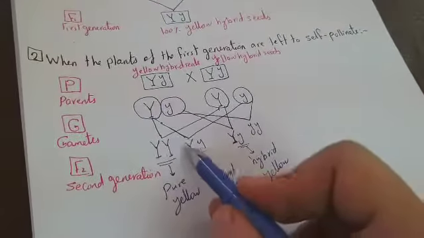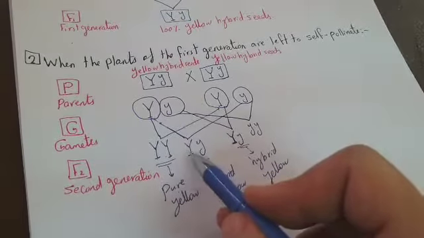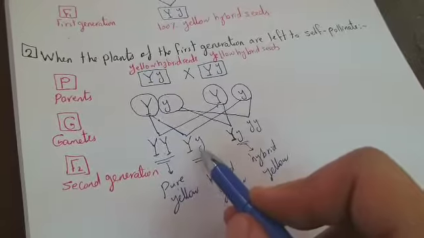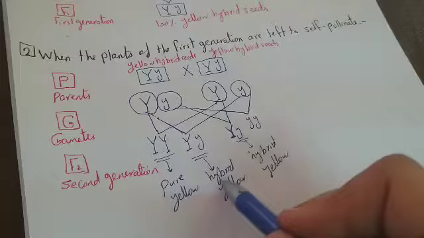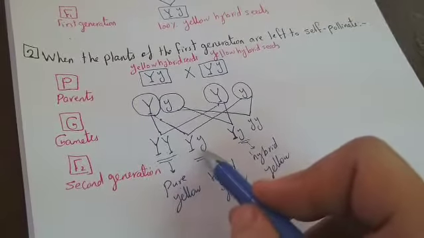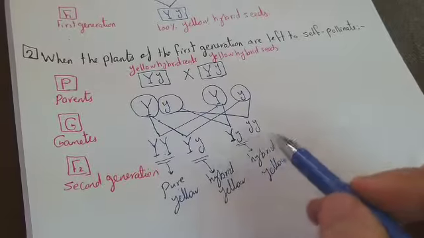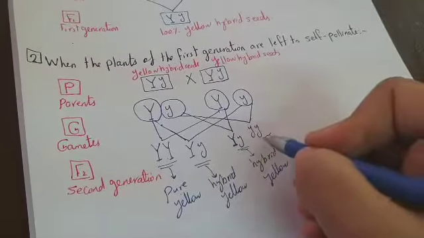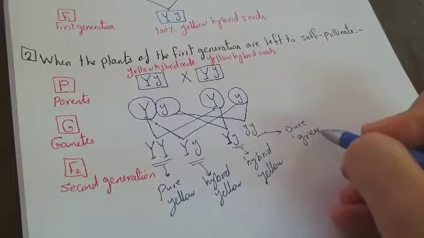Here we have the dominant color yellow and the recessive color green, so the color that appears to us will be yellow. So this will be hybrid yellow. Why hybrid? Because the genes are different from each other. And the same here, the genes are different from each other, so this will be hybrid yellow. The last one will be pure green.